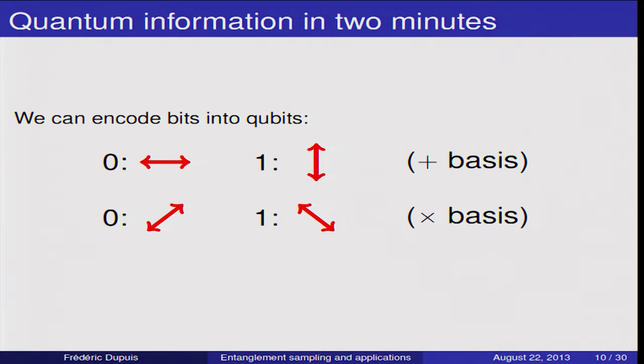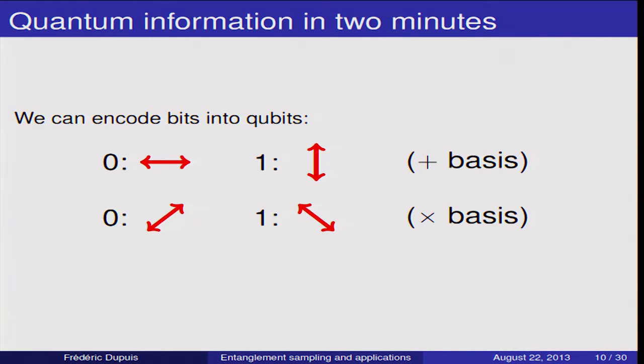And in our protocol, what we're going to do is encode bits into qubits in 2 possible ways, so in 2 possible bases. The first one is going to be the plus basis. So basically, we'll encode a 0 into horizontal and 1 into vertical. Now, we can decode this just by doing the appropriate measurement. But we will also encode it into the x basis, or the diagonal basis.